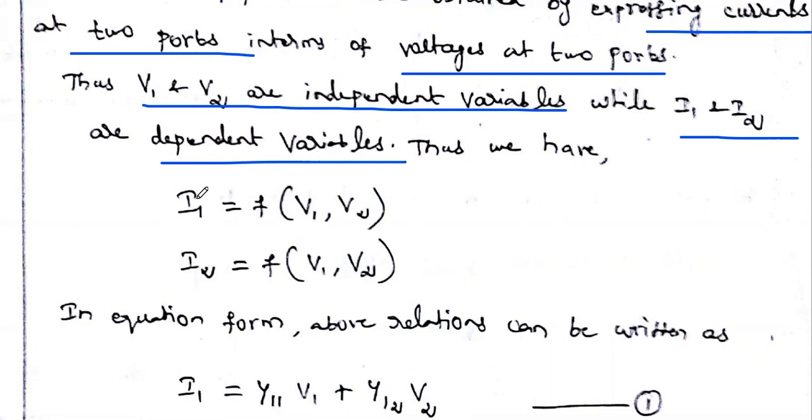Dependent means the value of I1 is calculated using the voltages measured at the input port and output port.